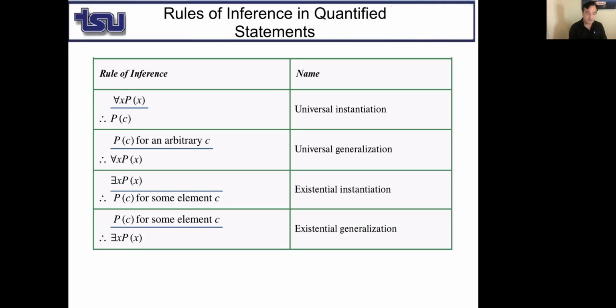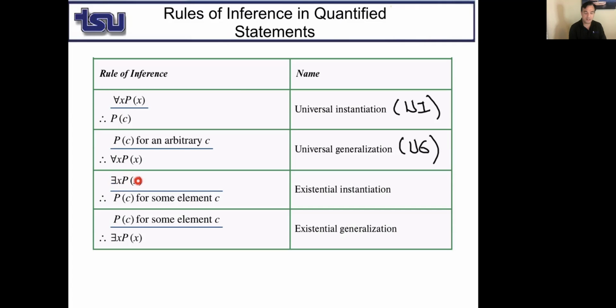And this one, if the propositional function P is true for any element c in the domain, that's equivalent to saying that for every x, P(x). That means for any x in the domain, P must be true. That's universal generalization. This is universal instantiation. This is universal generalization.